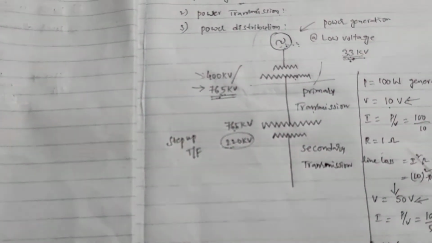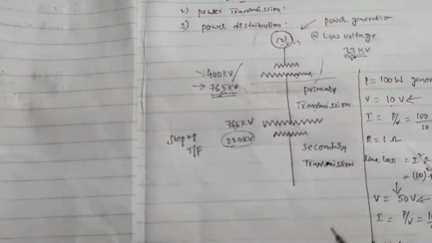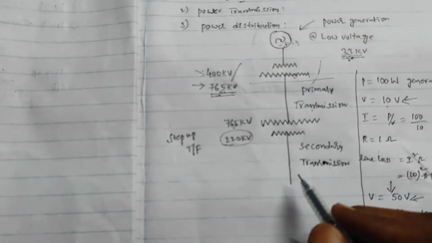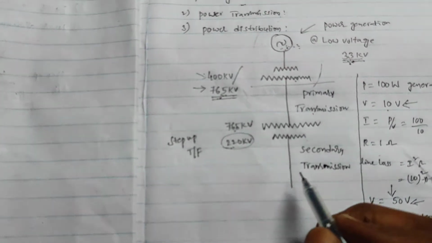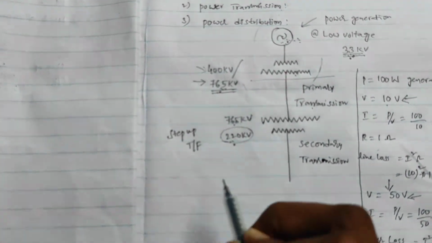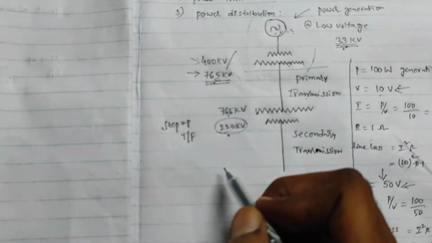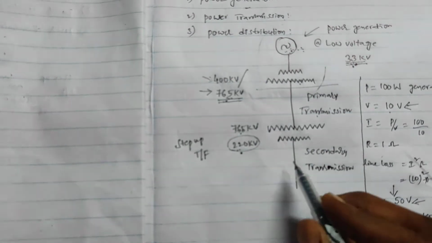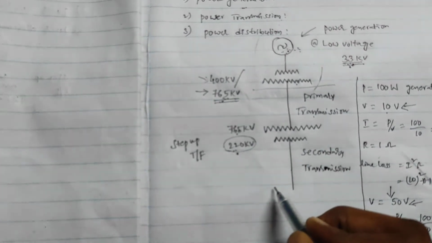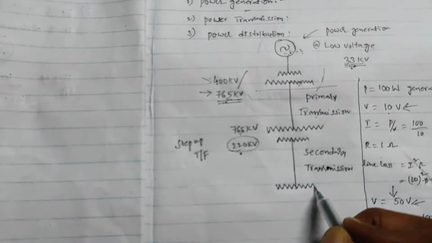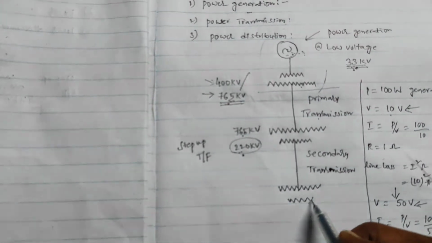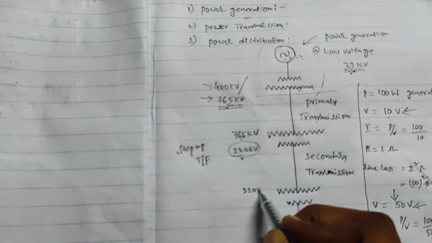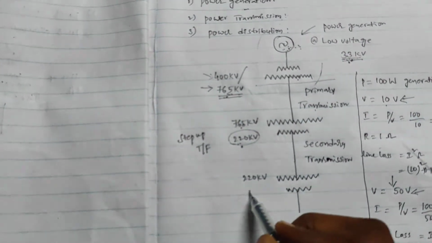And if you want to go to even lower voltages, then you need to step down the power again from 220 kV to reasonably low voltages, say 132 kV, 66 kV, like that. So again you need a step down transformer, which can step down the voltage from 220 kV to say 132 kV.